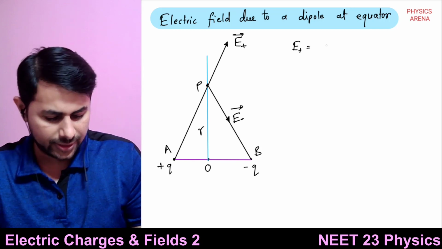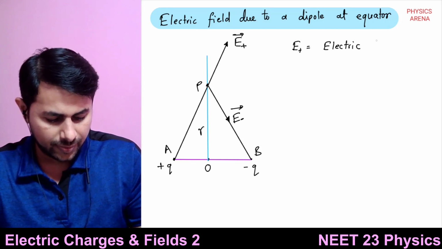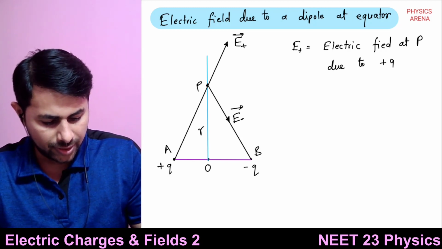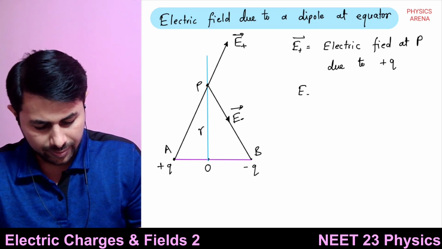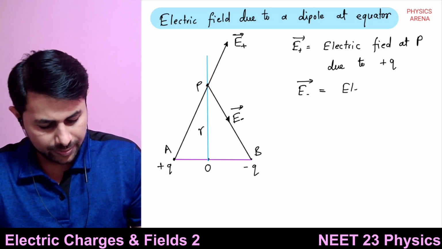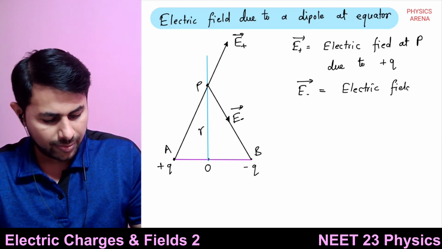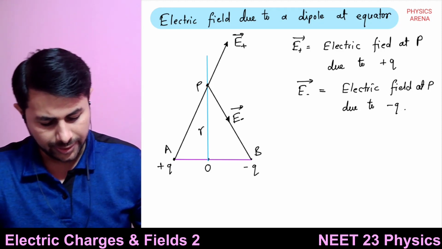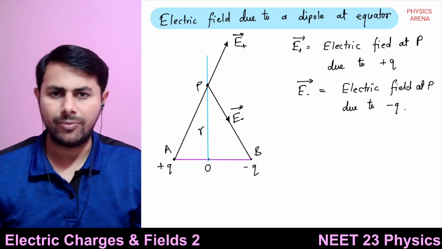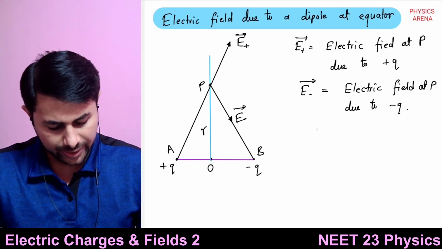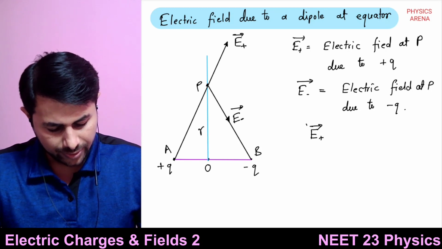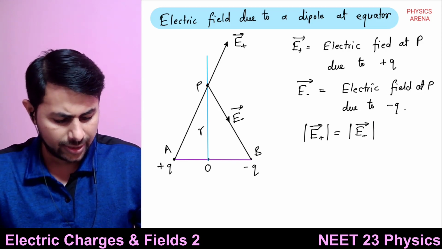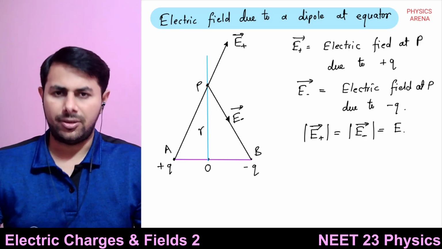E plus is the electric field at P due to plus Q. E minus is the electric field at P due to minus Q. Since the point P is at the same distance from both, the magnitude of the electric field due to plus Q is equal to the magnitude due to minus Q, and let's suppose it is equal to some E.